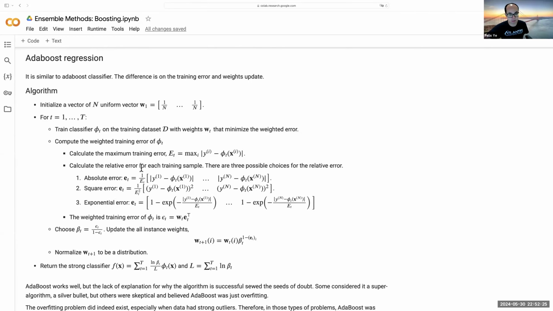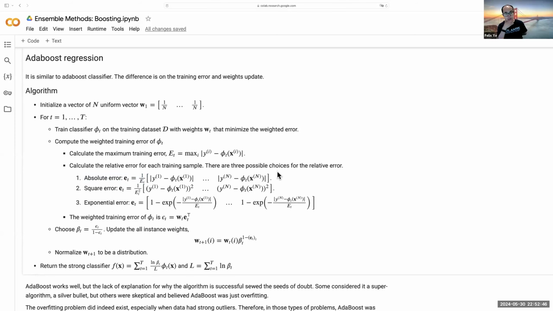For example, we can use the absolute error because we are doing regression, and the choice of error actually matters. Of course, you can choose the squared error, and you can choose the absolute error.